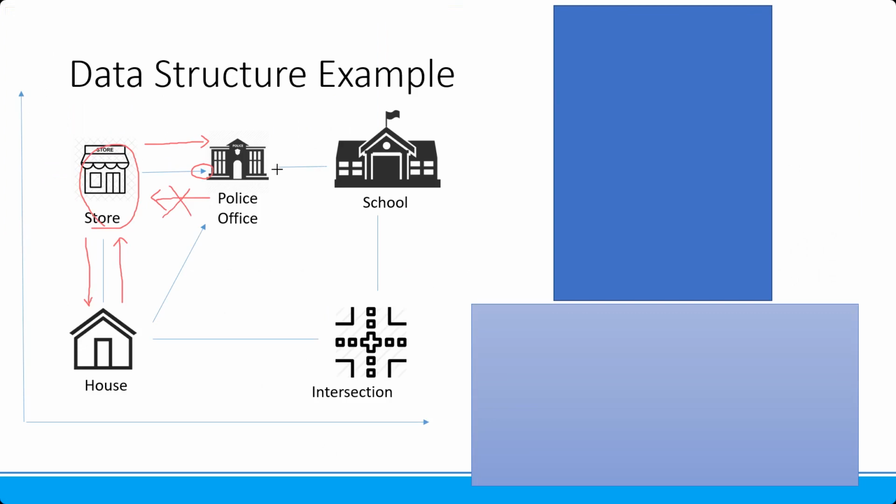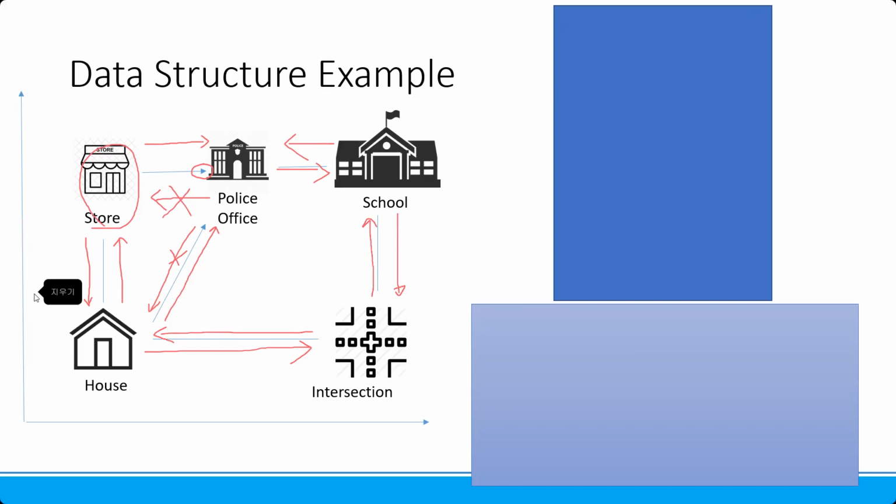So from the service, you can go to the school, and from the school, you can go back to the police office. From the house, you can go to the police office, but you cannot go back from police office to house. From house, you can go to the intersection. From the intersection, you can go to your house. And from the intersection, you can go to school and go to the intersection.